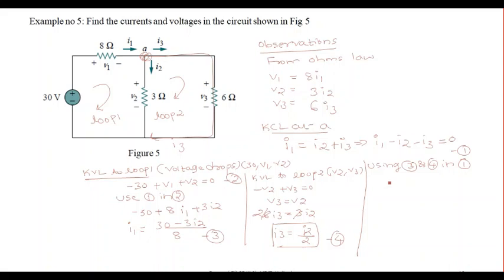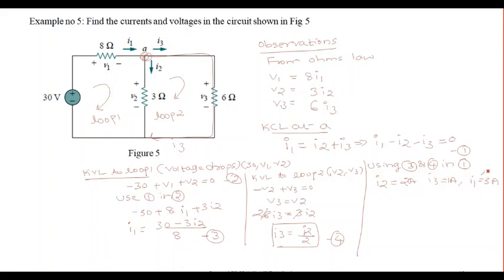If you use them, you should get I2 equal to 2 amps, I3 equal to 1 amp, and I1 equal to 3 amps.